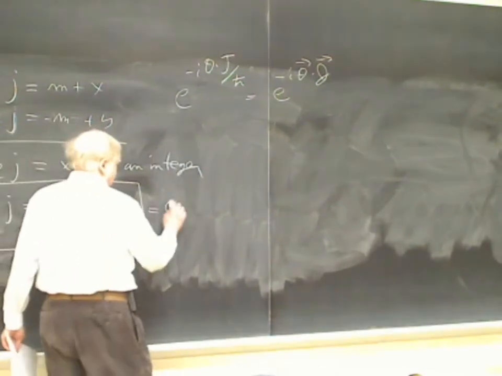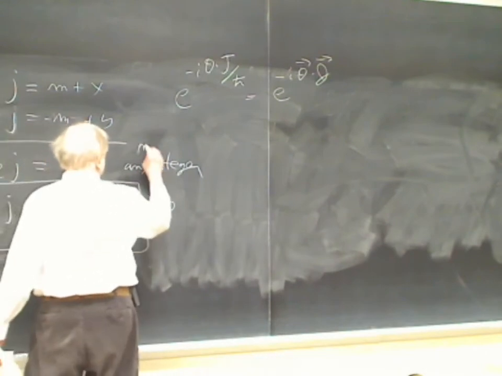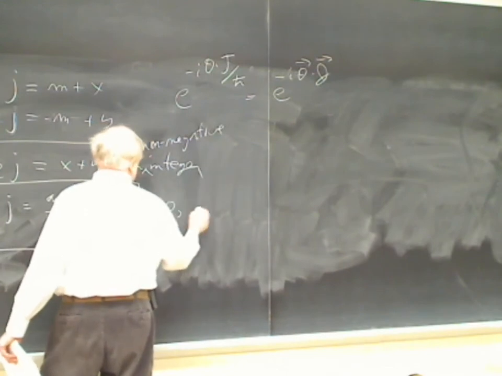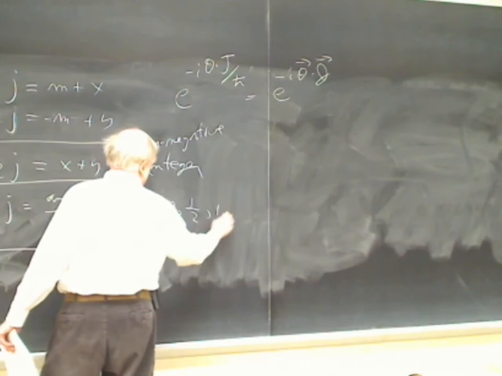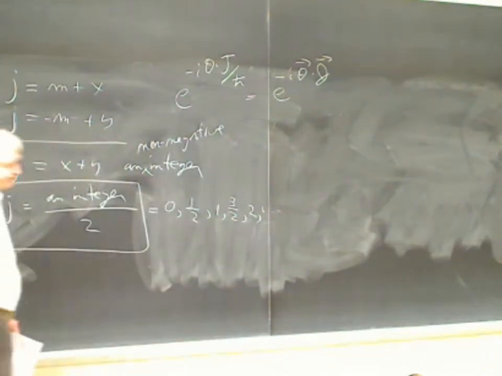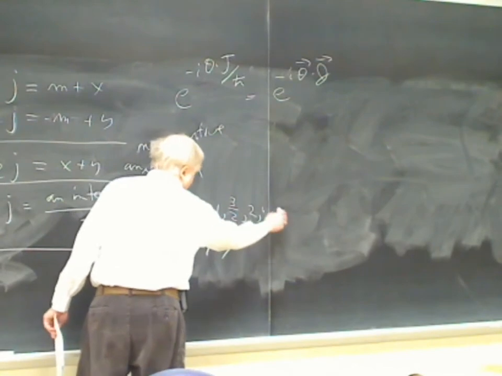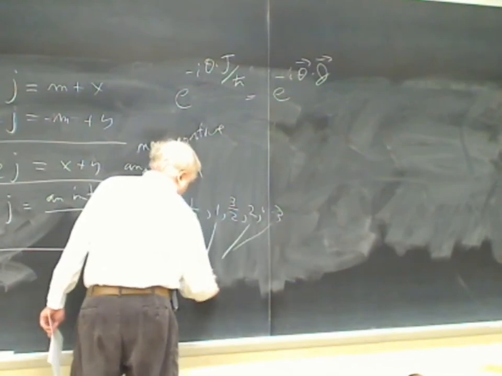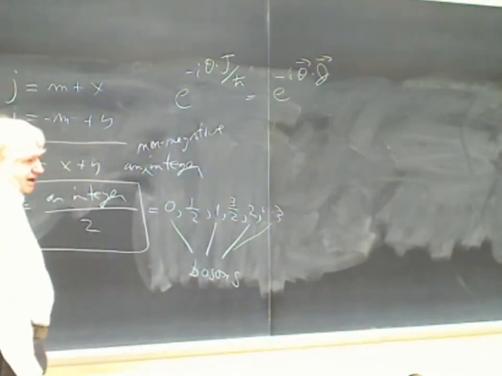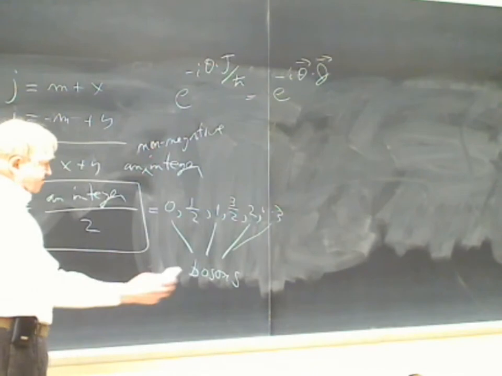And so the possibilities are 0, not only an integer, but a non-negative integer. So I should have said non-negative. So the possibilities are 0, 1/2, 1, 3/2, 2, and so forth. And the cases where you have 0, 1, 2, 3 are called bosons, at least if they're elementary particles, or if they're just systems where the total J quantum number is 0, 1, 2, or 3, or whatever.